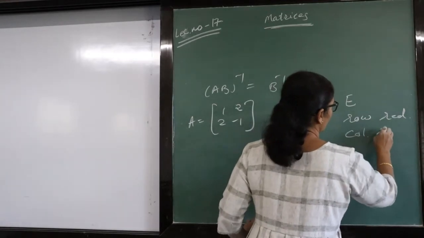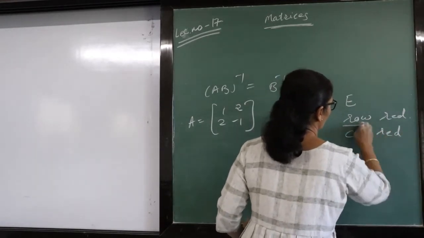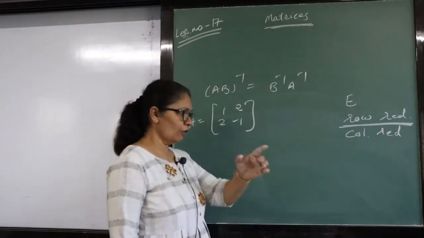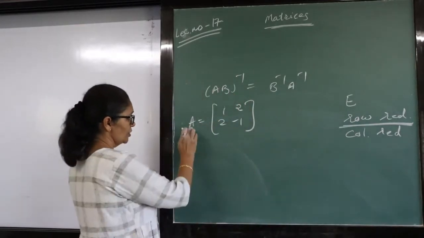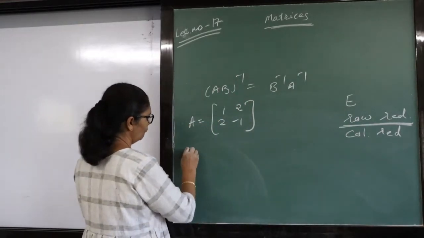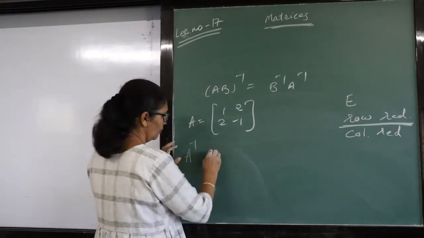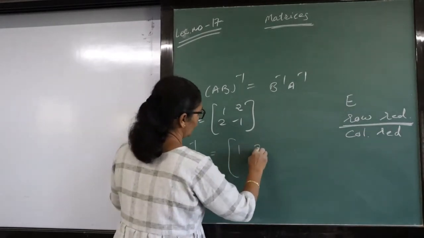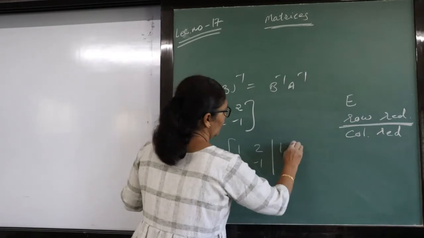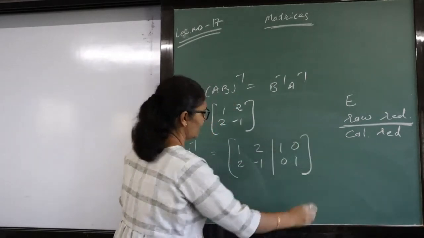But normally we are following the row reduction method only. Okay, what is row reduction? That I show you. Suppose first your matrix A, I want to find A inverse. So both ways I can write, [[1, 2], [2, -1]] and [[1, 0], [0, 1]]. I can write like this.